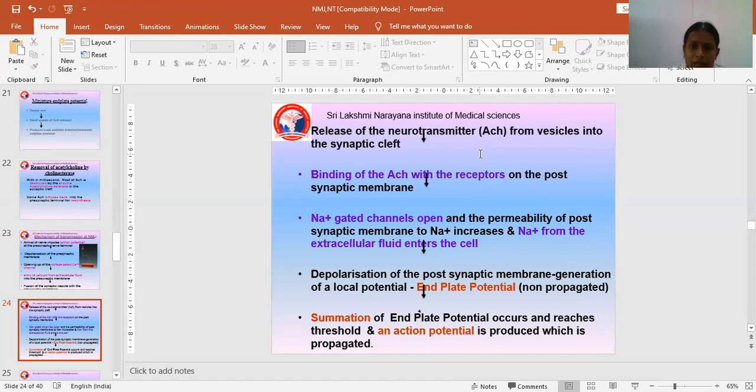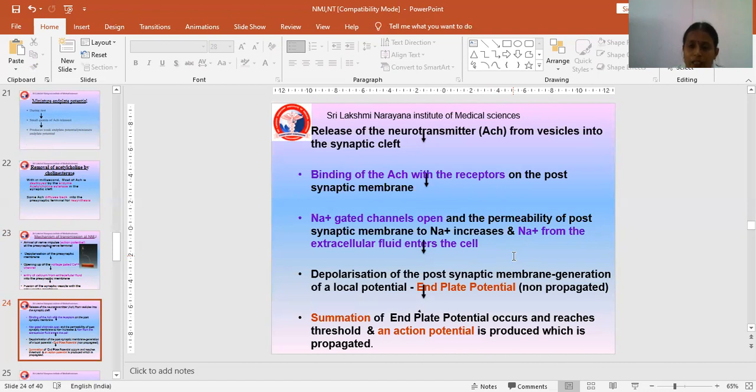The released acetylcholine binds to the acetylcholine receptors on the postsynaptic membrane. These receptors are ligand-gated sodium channels. When two acetylcholine molecules bind, the sodium channels open and sodium ions enter, leading to depolarization of the postsynaptic membrane.